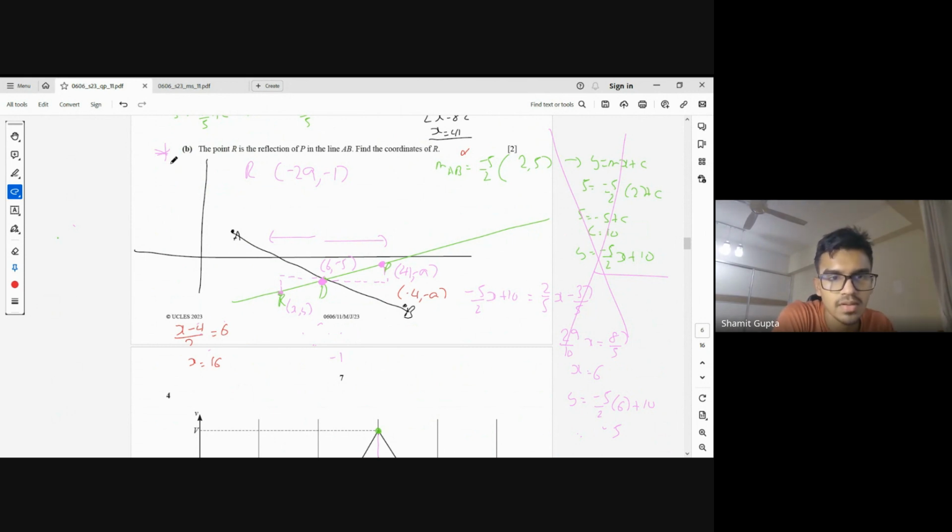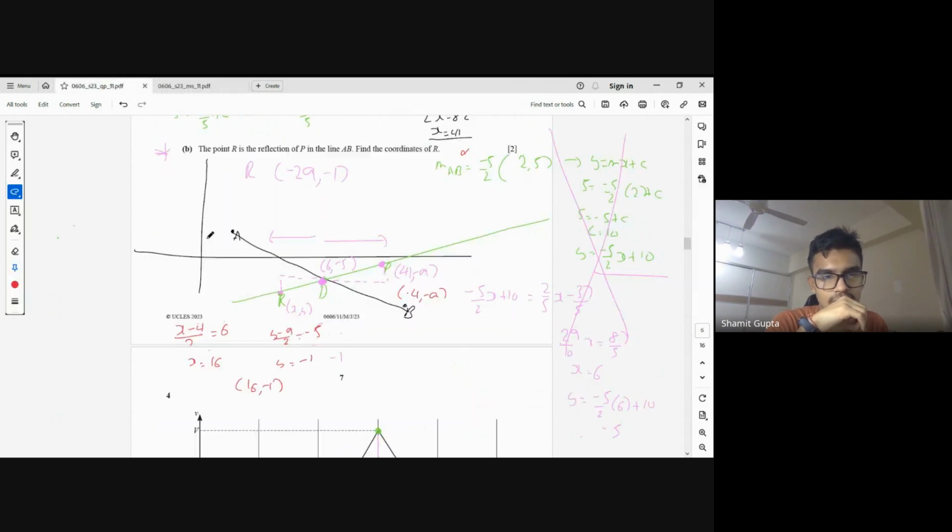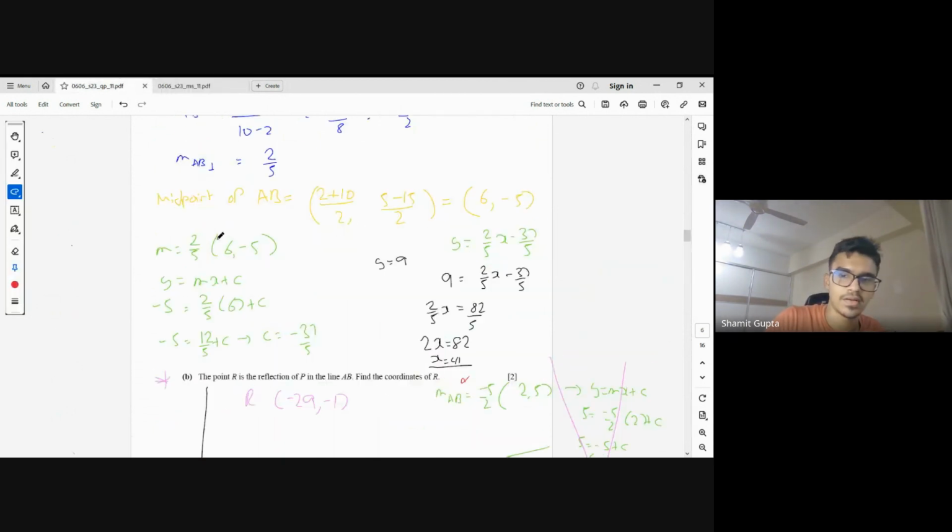Yes, so our diagram becomes wrong then. Our diagram is wrong, not our concept, okay? And then y minus 9 over 2 is equal to -5. So y becomes -1. So it should be 16, -1. I pray that that's the answer. Yeah, 16, -1. See? So a silly mistake there.